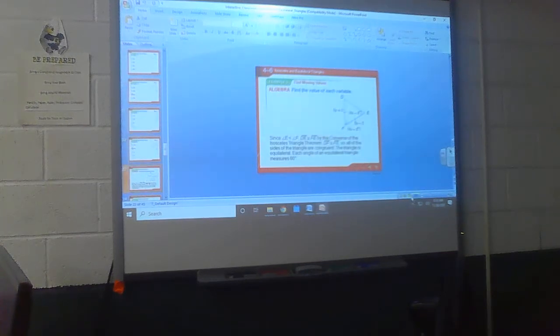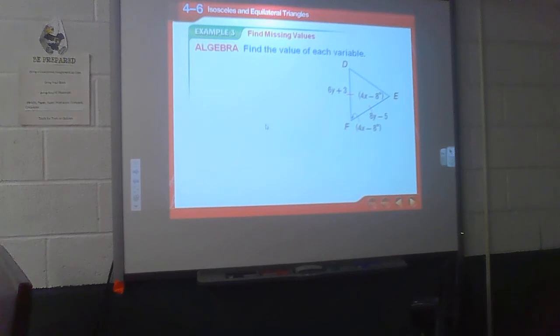Here we go. So then we can do this with algebra. This is where it gets a little confusing because some people get confused about what they're pointing to. Make sure you understand that this quantity is for this angle, and then we have two sides.